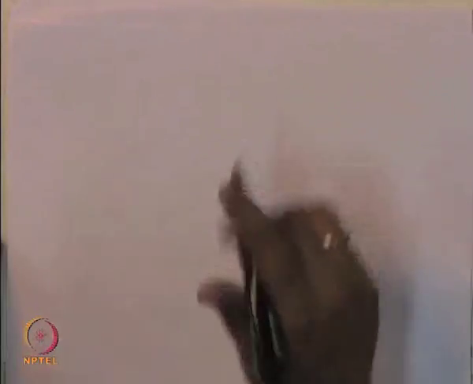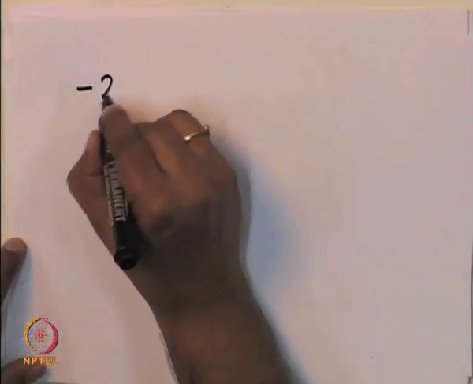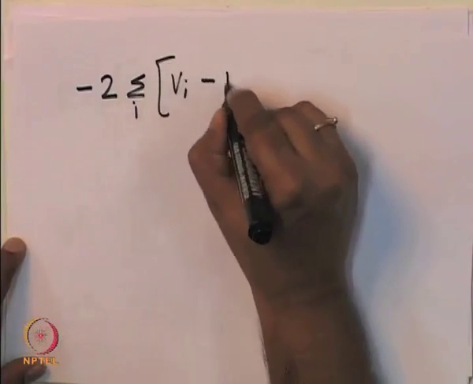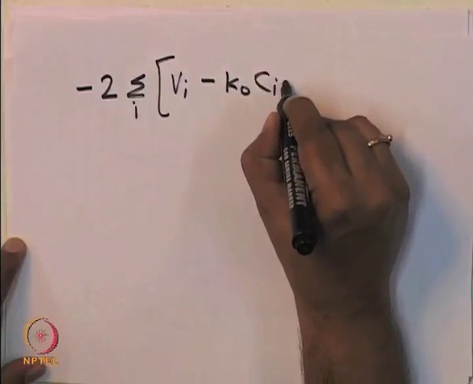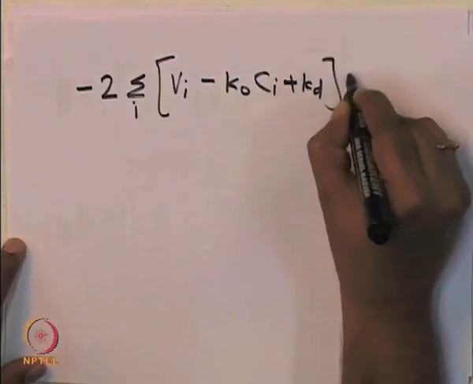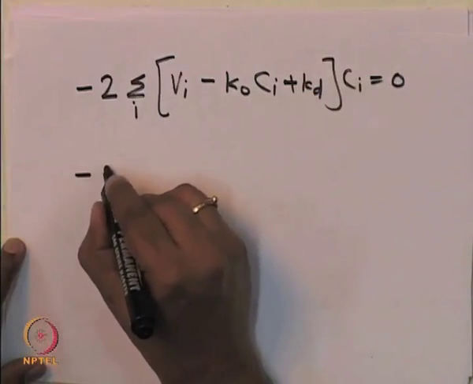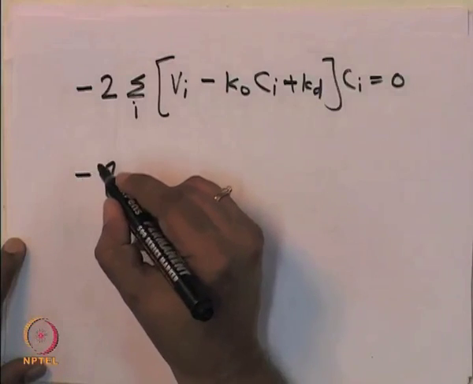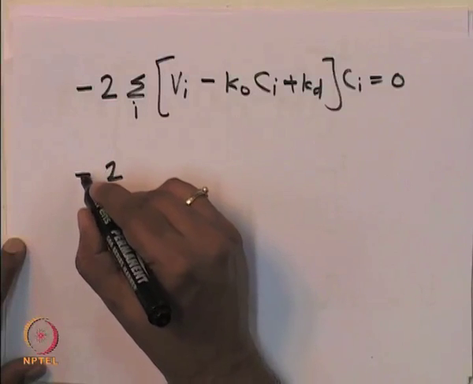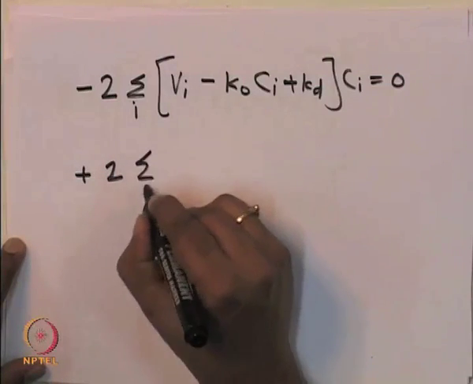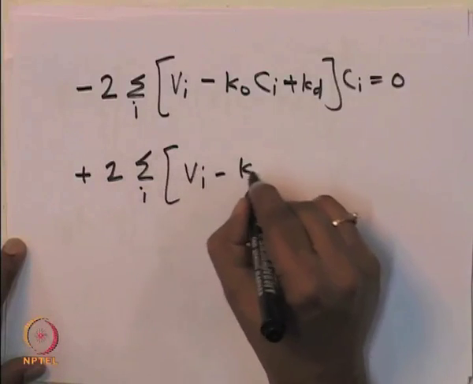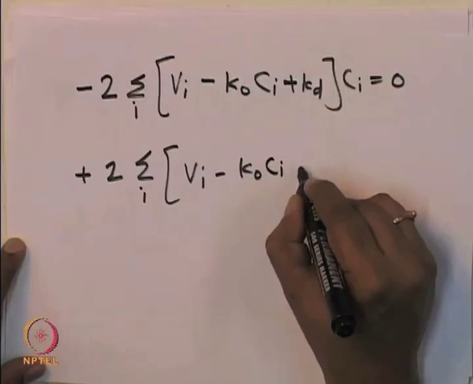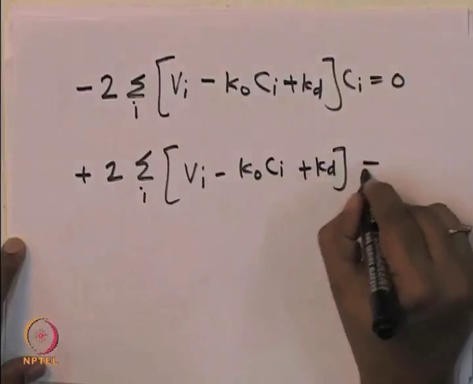The 2 equations are: minus 2 sum over I of (V I minus K 0 C I plus K D) into C I equal to 0, and there is a plus 2, if you wish, plus 2 into sum over I of (V I minus K 0 C I plus K D) equal to 0.